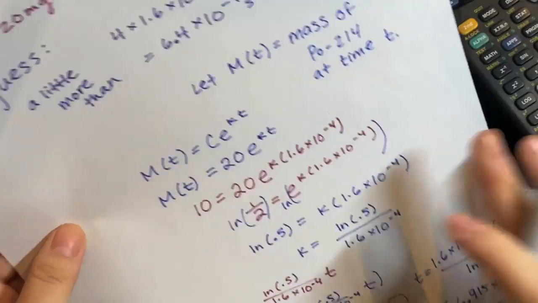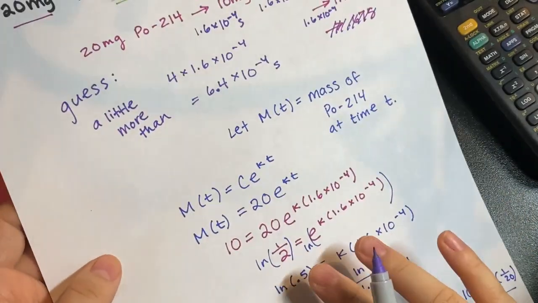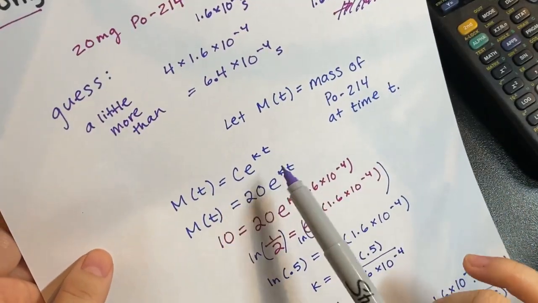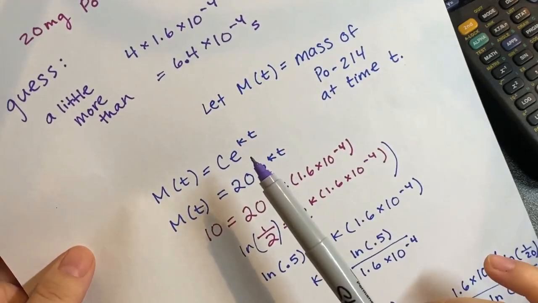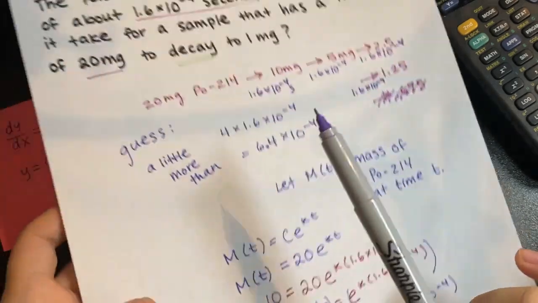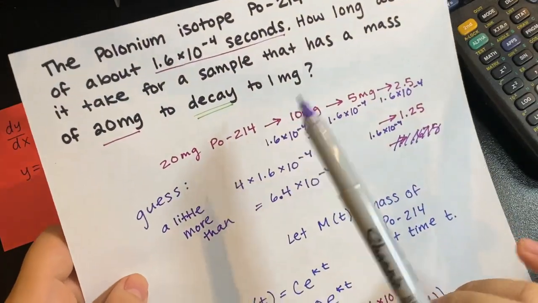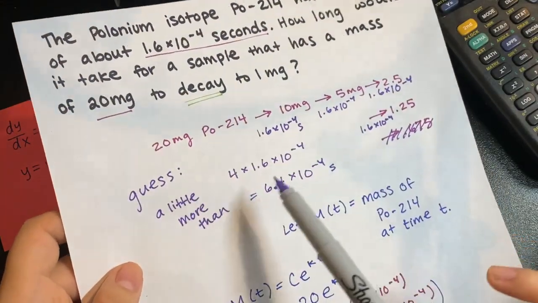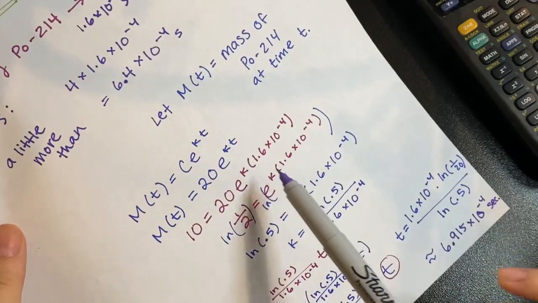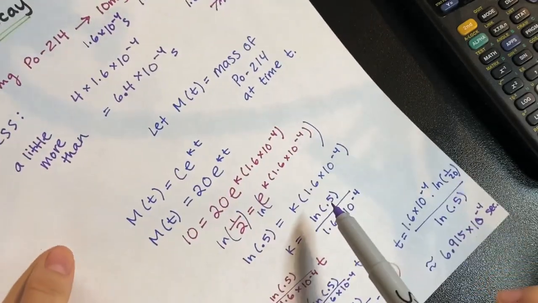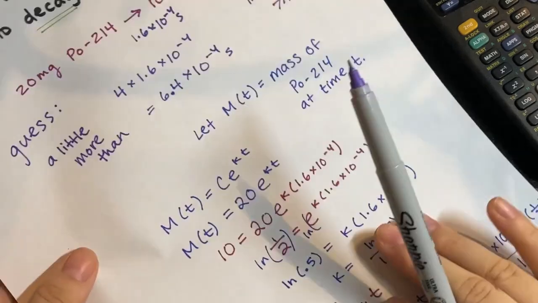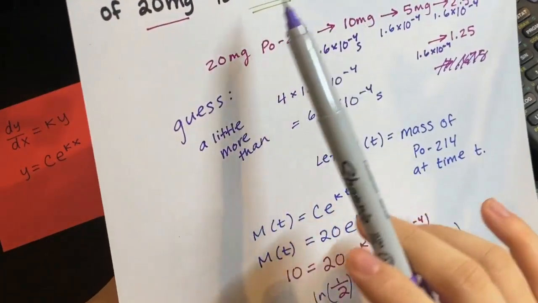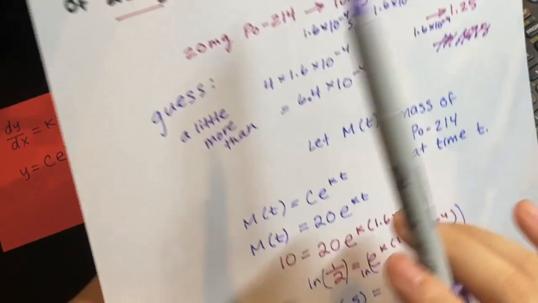But that's really it. So this is an example of plugging in our main formula, but understanding what half-life means. So half-life is the amount of time for the mass to literally halve. So then we solved for k to make that work, and then the question is to find how long it takes to go from 20 to 1.